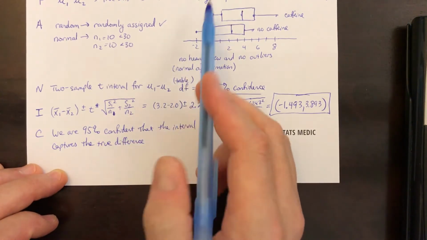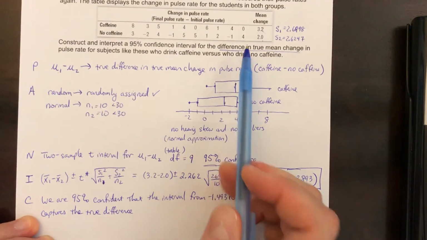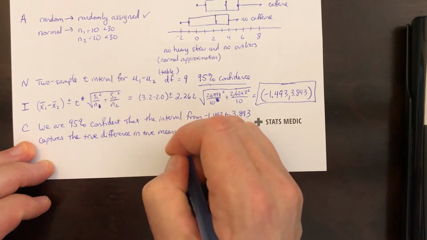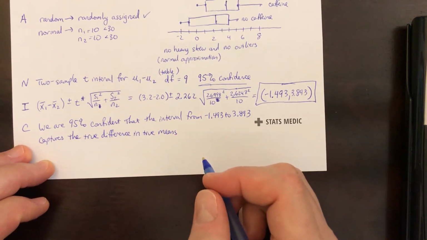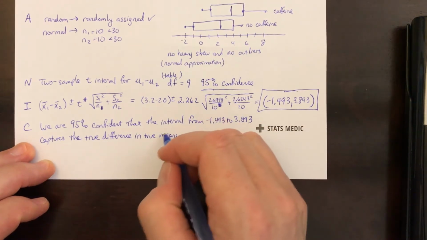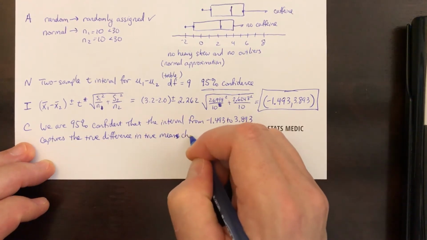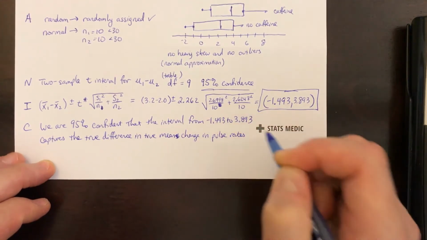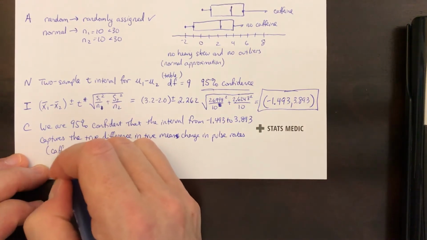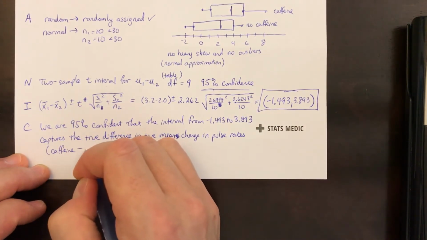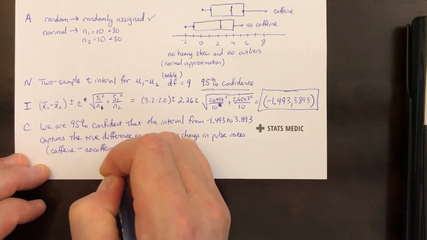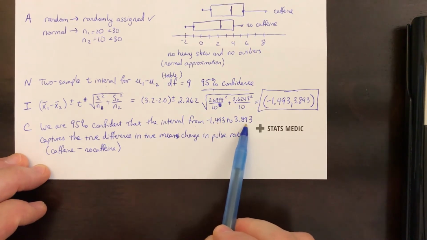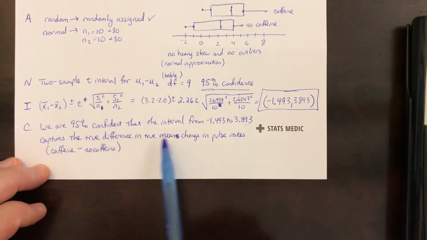The way they phrased it in the problem, they said the true difference in true means. I think that's kind of repetitive, but I'll go ahead and write it: the true difference in two means, in true mean change in pulse rates, which is caffeine minus no caffeine. We are 95% confident that the interval from negative 1.493 to positive 3.893 captures the true difference in true mean change in pulse rates.